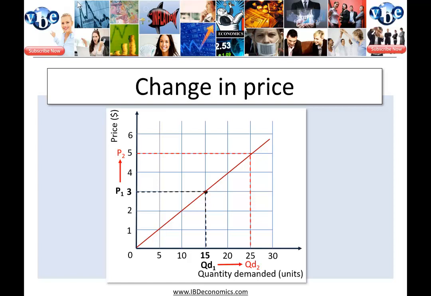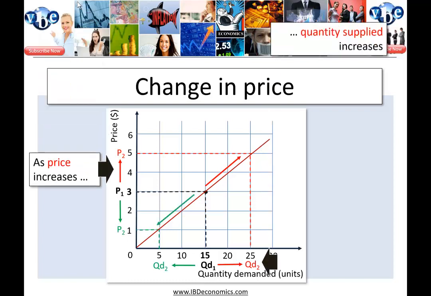Quantity supplied increases from QS1 to QS2, and this time it's 25 is quantity supplied at the higher price. Same sort of thing with a price decrease. We can model this. So price decreases from $3 to $1, P1 to P2, and the quantity supplied decreases from QS1 to QS2, labeled with arrows.